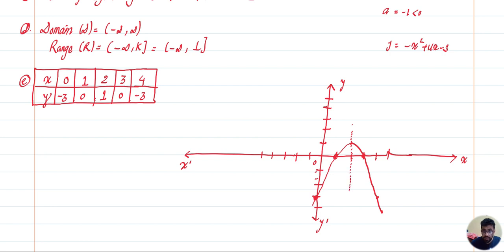And this is the axis of symmetry, x is equal to 2. And this is our turning point 2 comma 1. And the curve is y is equal to minus x square plus 4x minus 3.